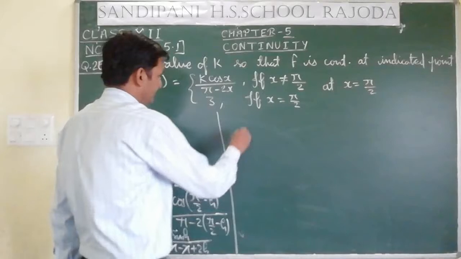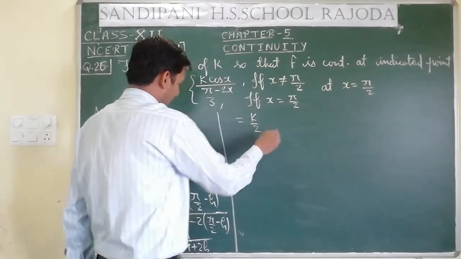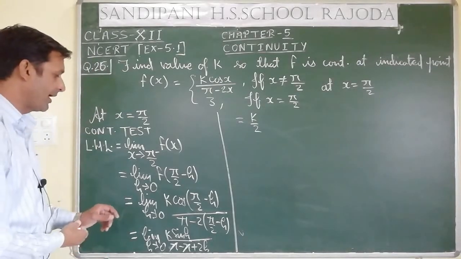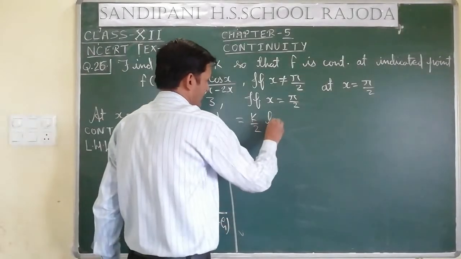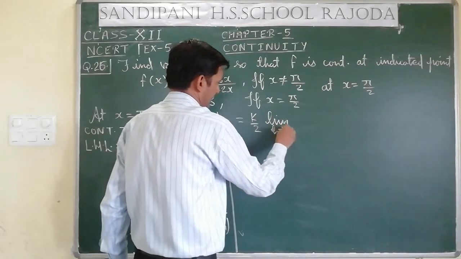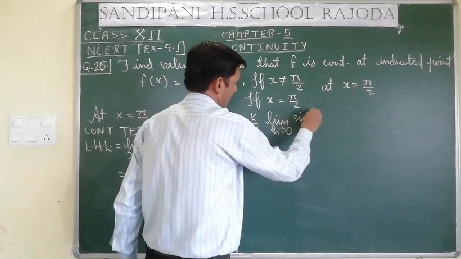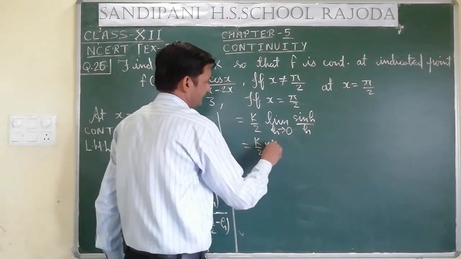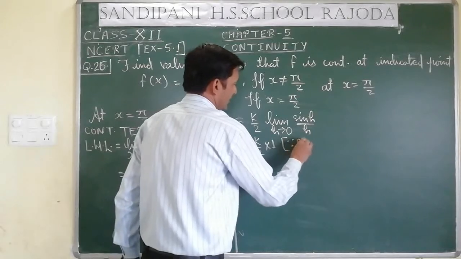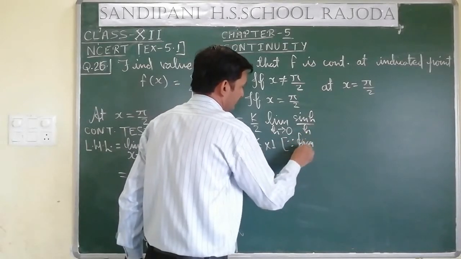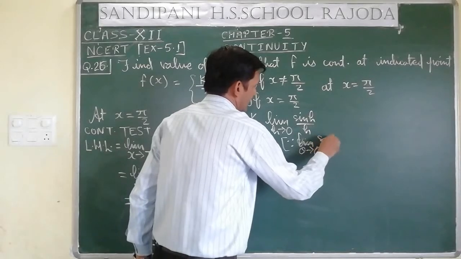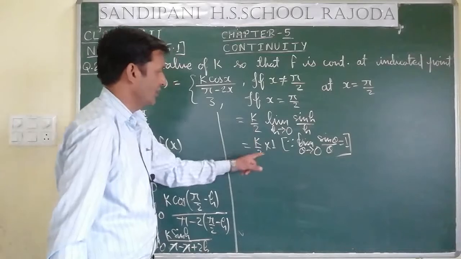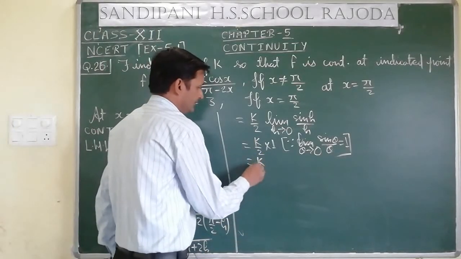So it is equal to k by 2, a constant quantity, which we may take out from the limit part. So this will be k by 2 limit h tends to 0 sin h upon h, that is equal to k by 2 into 1, because limit theta tends to 0 sin theta upon theta is equal to 1 always. So k by 2 into 1 is equal to k by 2.